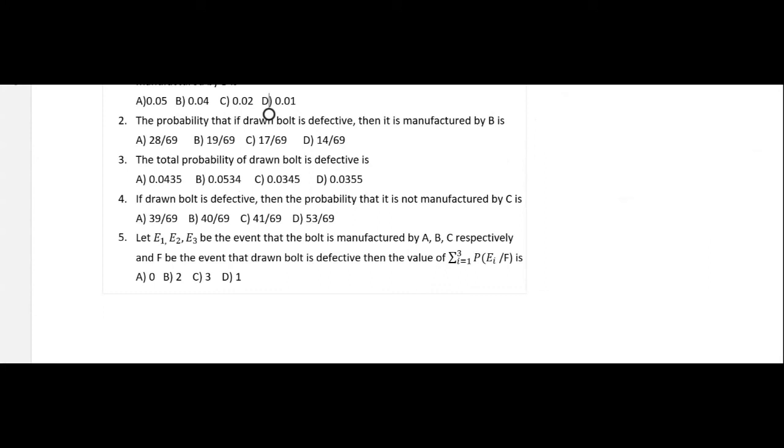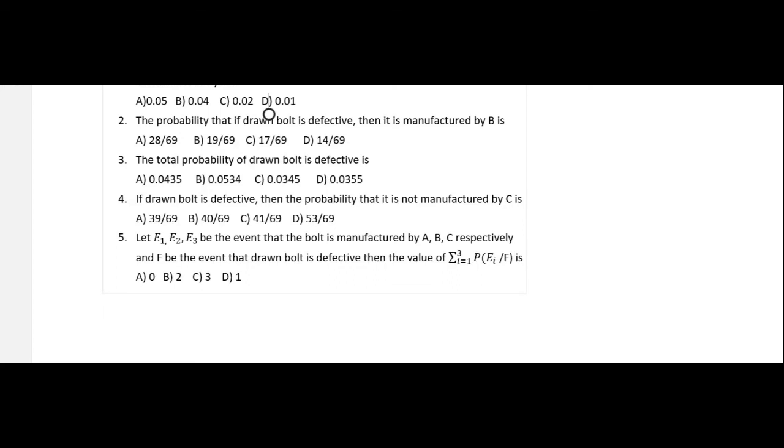Finally, the fifth subdivision: let E1, E2, E3 be the events that the bolt is manufactured by A, B, C respectively, and F be the event that the drawn bolt is defective. Then the value of the summation over i equal to 1 to 3 of P of Ei by F is A 0, B 2, C 3, D 1.